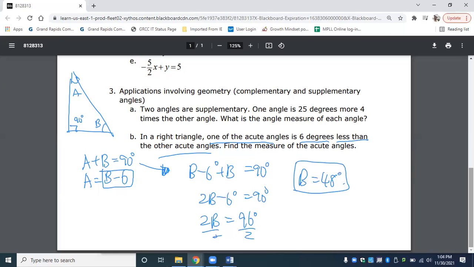Now, if B equals 48, that makes things a little nicer. So A equal 48 minus 6, which is 42. So A is 42 degrees and B is 48 degrees. All right, and that's it for the section. So any question you have, please let me know, and I will talk to you guys later.